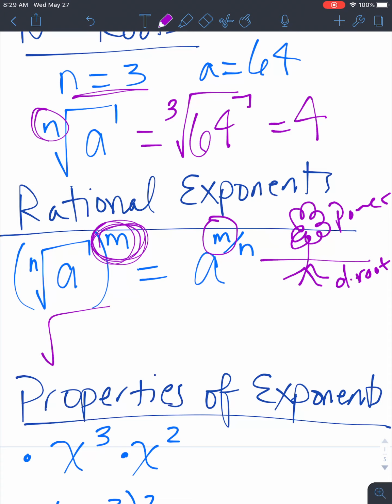So an example of that would be something like the cube root of x, to the 4th power. If we were rewriting this, we'd rewrite it as x to the power over the root. So my power is 4, my root is 3, so I'd rewrite that as x to the 4/3. And this rewriting aspect, both ways, was one of the biggest components of this portion of Chapter 5.